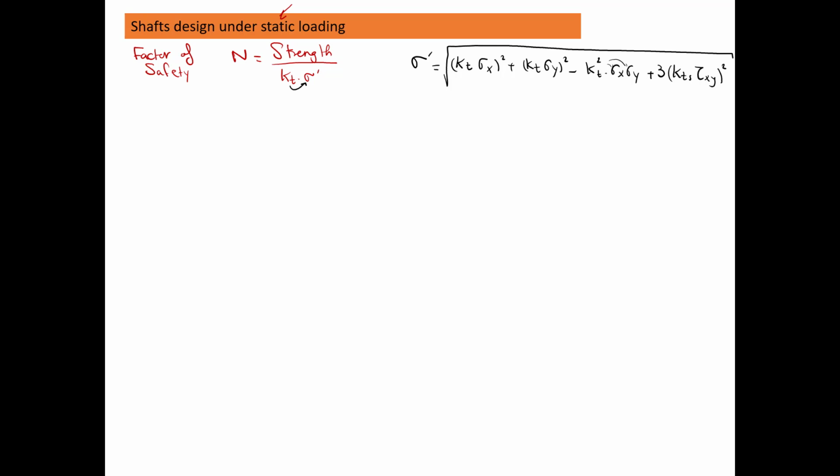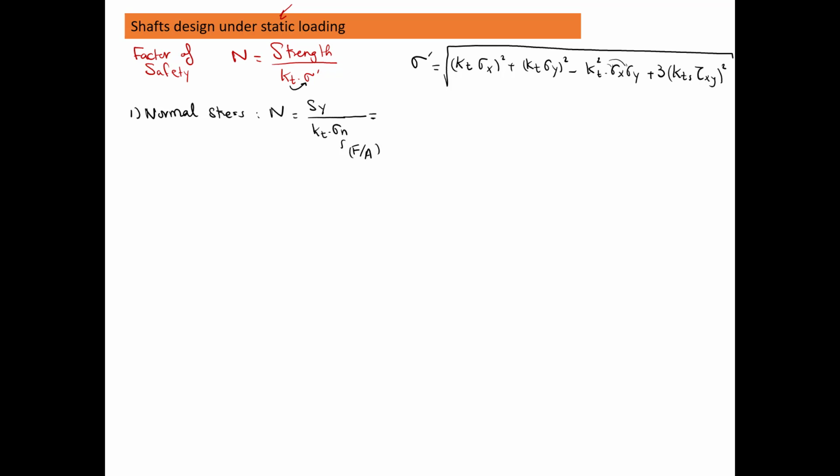So if we have only normal stress, such as tension or compression, or normal loading, so my factor of safety, N, will be equal, let's say we have ductile material, so it's SY divided by KT sigma N, where sigma N is equal to F over A, the force divided by the area. Let's assume we're doing cylindrical, so the area is pi over 4 d squared.